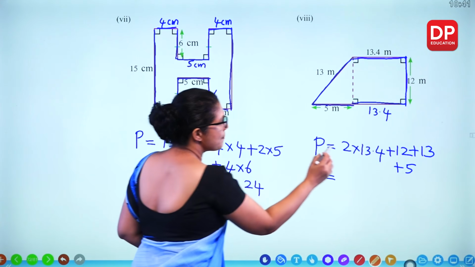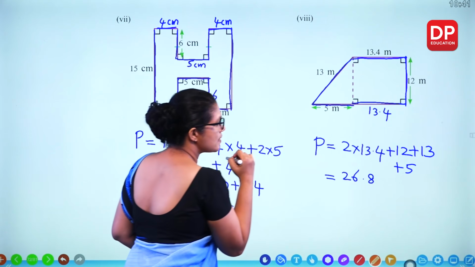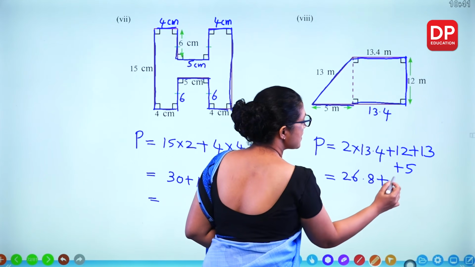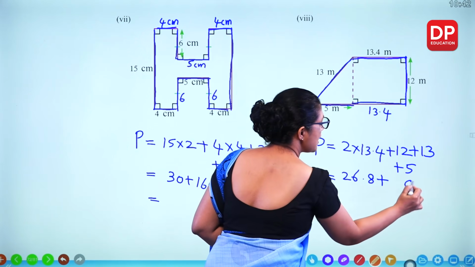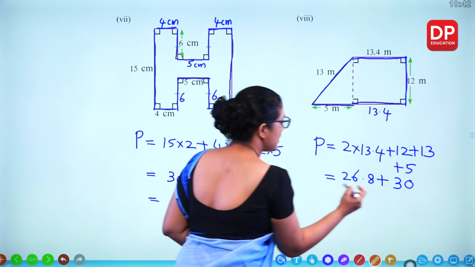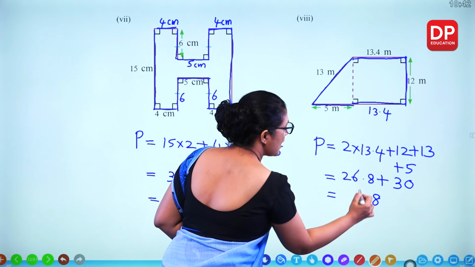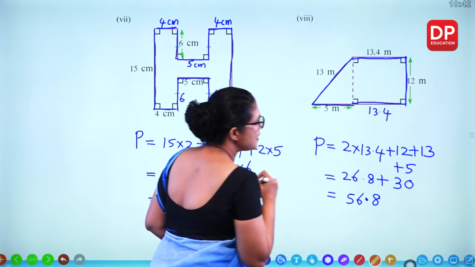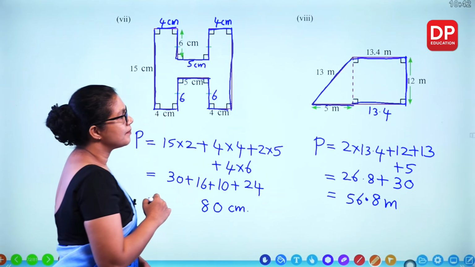Multiply. 2 times 4, 8, 6 and 2, 26.8 plus. Here this is 3 plus 2, 5, 5, 5, 10 and 30. So add it together, you get 0.8 and 6 with 5, 56.8. That's in meters.